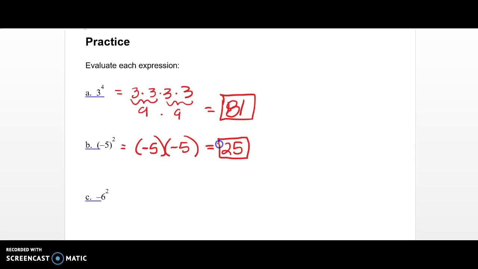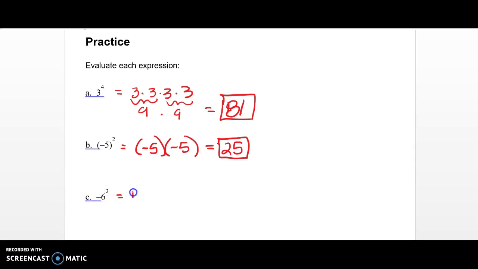If you're a little shaky on your operations with integers, adding, subtracting, multiplying, and dividing with positive and negative numbers, please use your calculator. Let your calculator help you. On number C, I have negative 6 raised to the 2nd power, but the only thing being raised to the 2nd power is the 6 and not the negative sign because there's no parentheses.